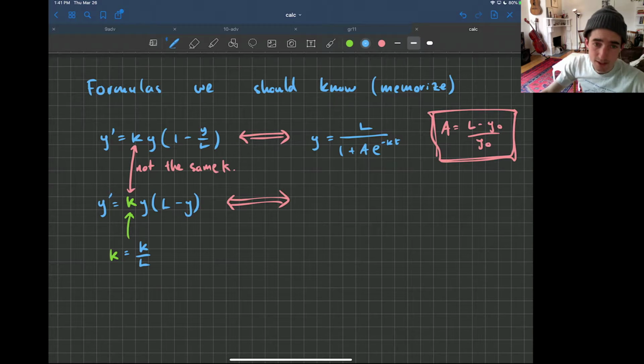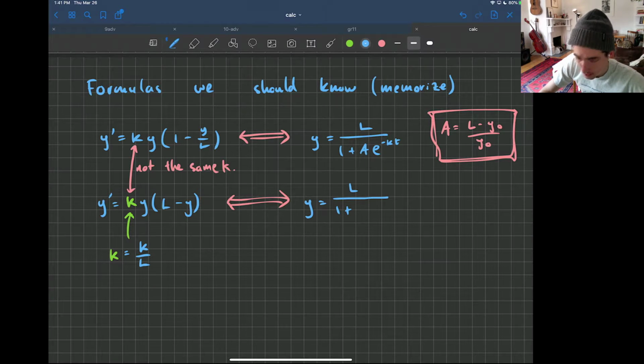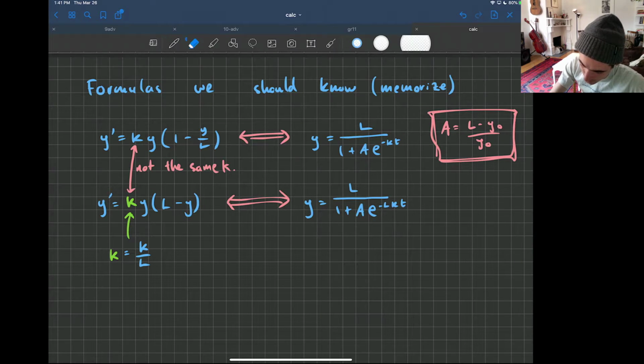But if you were to solve this differential equation, it looks a little bit different. We get that y is equal to L over 1 plus a times e to the negative L times k times t. And this is the green k, by the way.